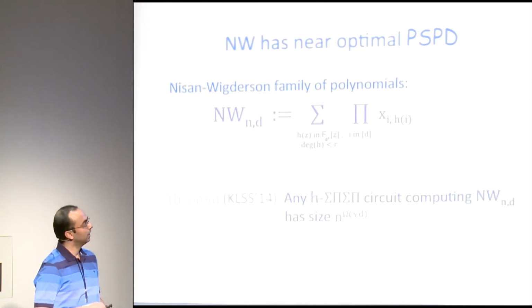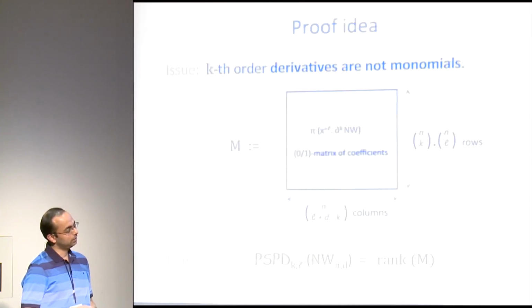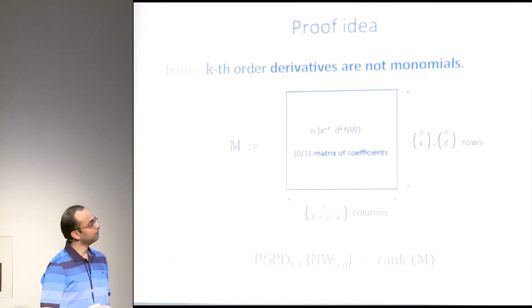The closest is this work with Neeraj, which shows that as long as the bottom fan-in of the depth 3 circuit is small, and the bottom fan-in can be at most n. We show this when it is a little less than n, actually a lot less, since epsilon can be chosen as close to 1 as possible. If you can replace epsilon by 1, that would be general depth 3. And for that, you get some nice lower bounds.